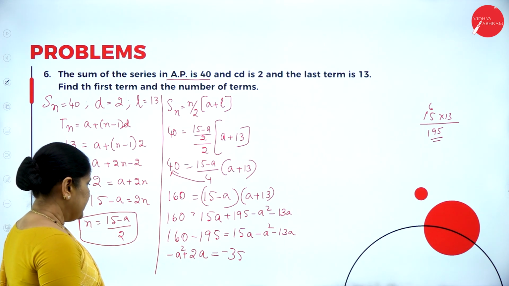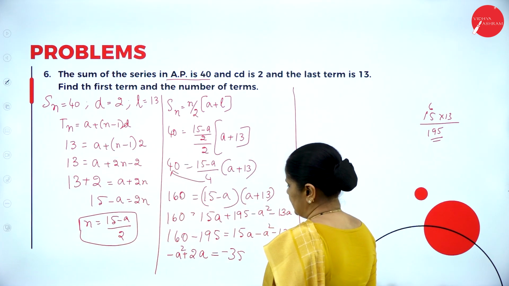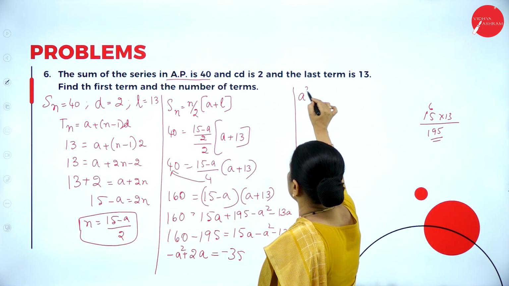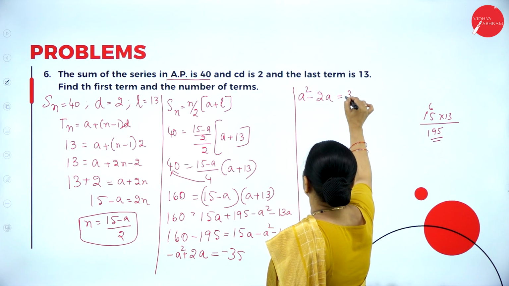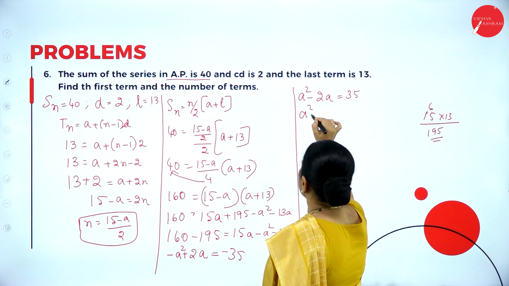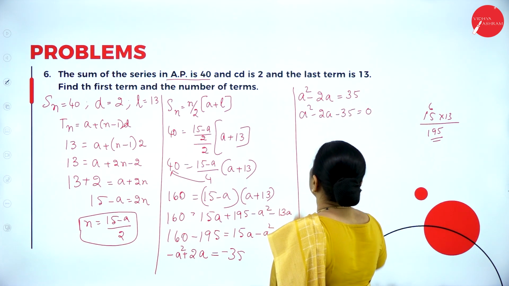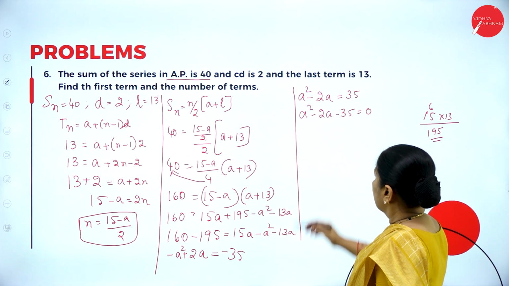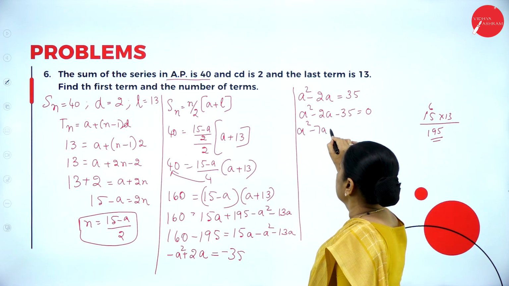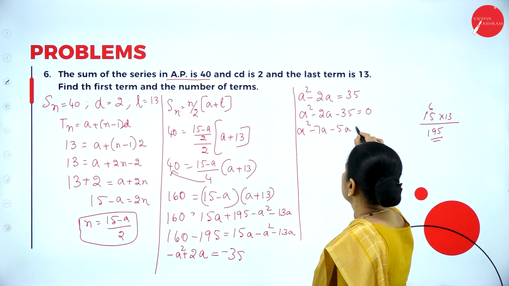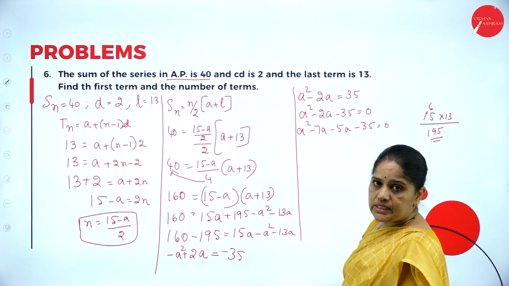Now, we will just multiply all the terms by the minus sign. So, A square minus 2A equals 35, or A square minus 2A minus 35 equals 0. Now, 7 5s are 35. A square minus 7A plus 5A minus 35 is equal to 0.